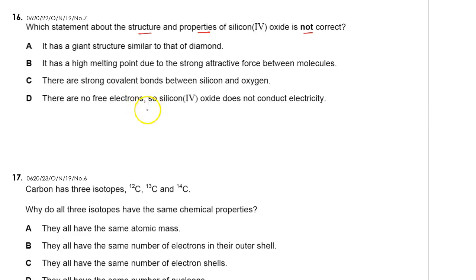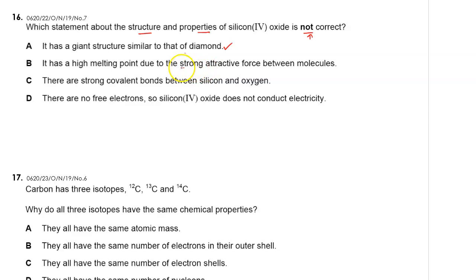It doesn't have layers, so there is no attractive force between anything, because silicon dioxide is what we call a giant molecular structure. So let's see whether A is correct. It has a giant structure similar to that of diamond. That is correct. We are looking for the one which is not correct. It has a high melting point due to the strong attractive force between the molecules.